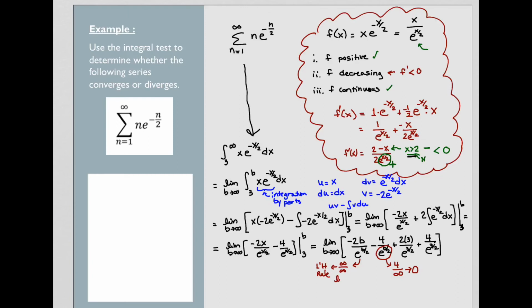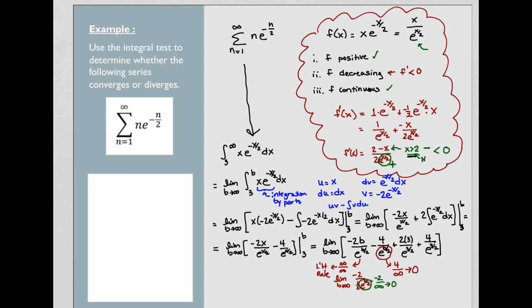So really, we're going to evaluate the limit as b goes to infinity of the derivative of negative 2b, which is negative 2, over the derivative of e to the b over 2, which is e to the b over 2 times 1/2. What happens to this? Well, as b goes to infinity, you can see that the bottom, again, will grow infinitely large, and so that also goes to 0.